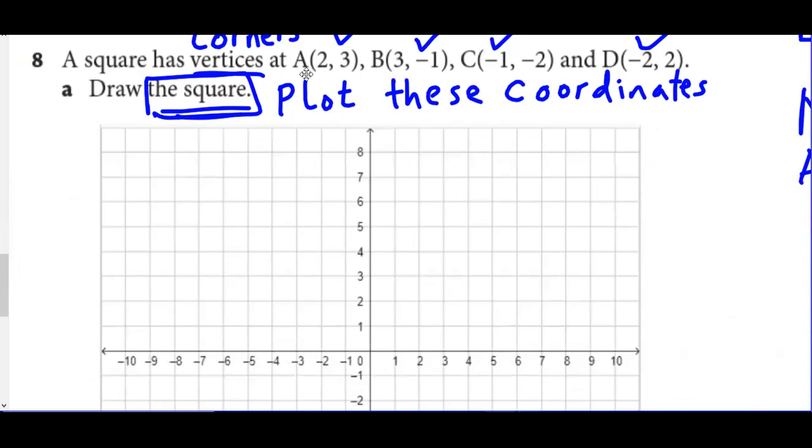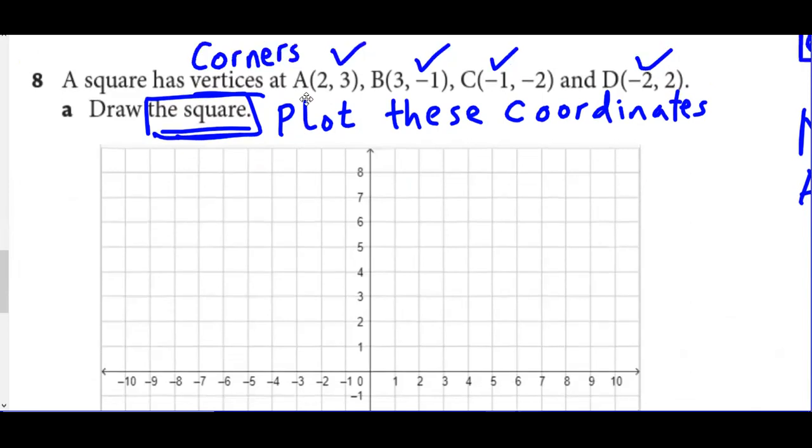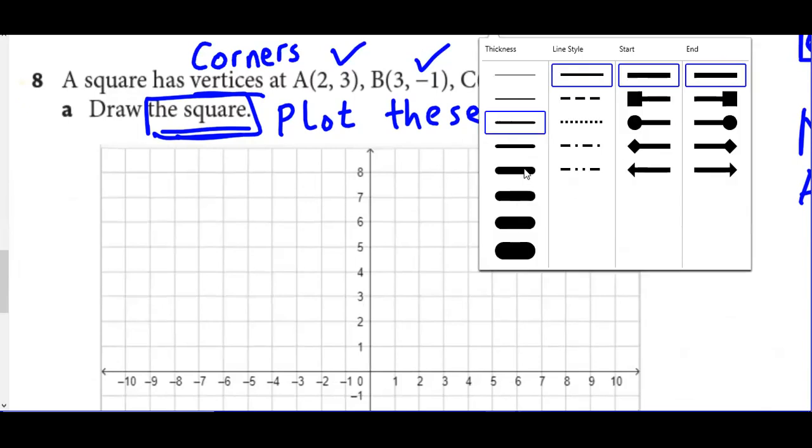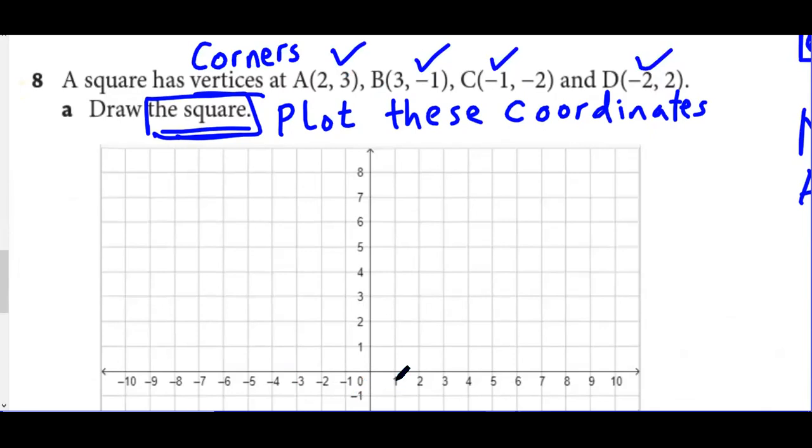Let me start plotting point A with coordinates (2, 3). How do we do that? It's simple. Where is 2? This is 2. Where is 3 on the y-axis? This is 3. Now, do we do like this?